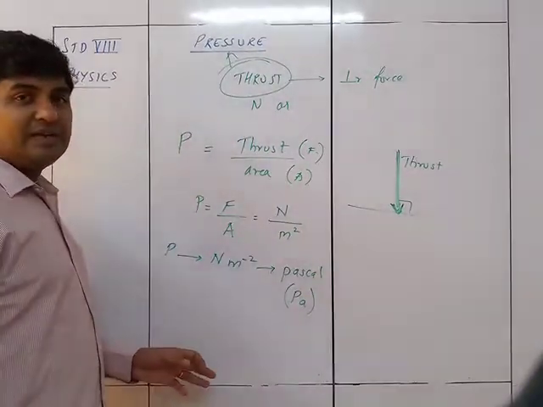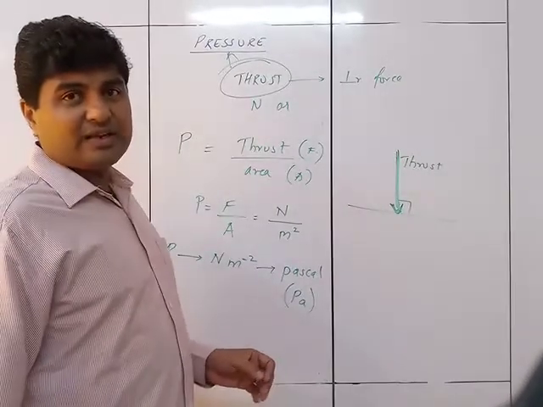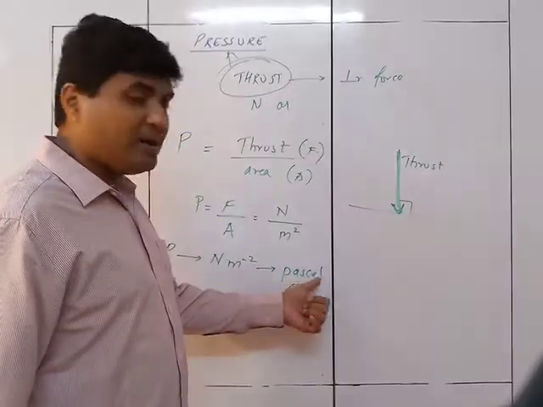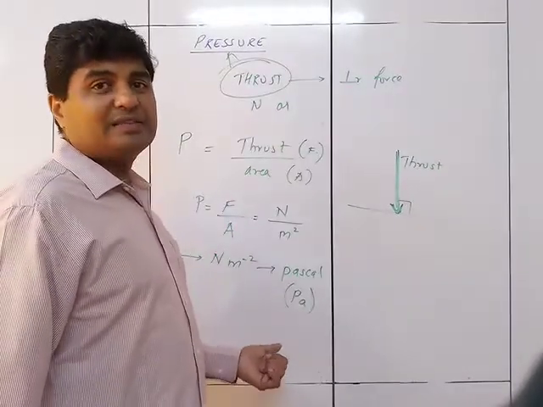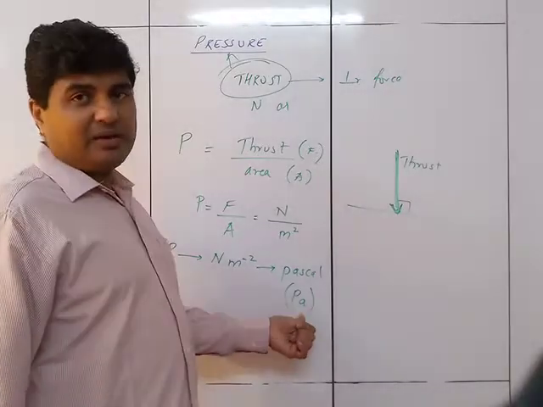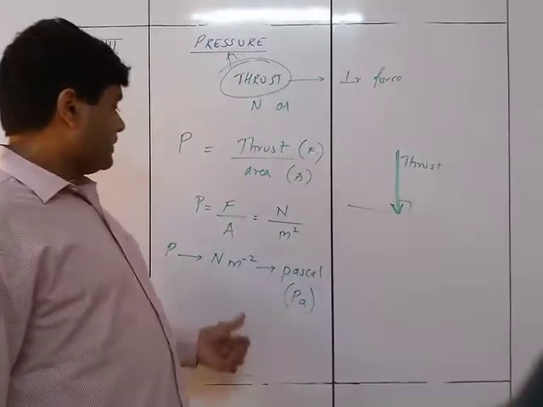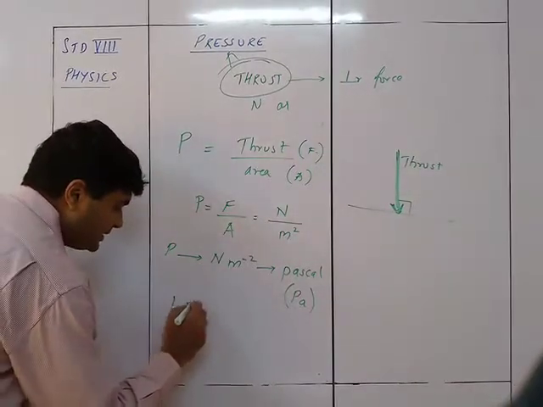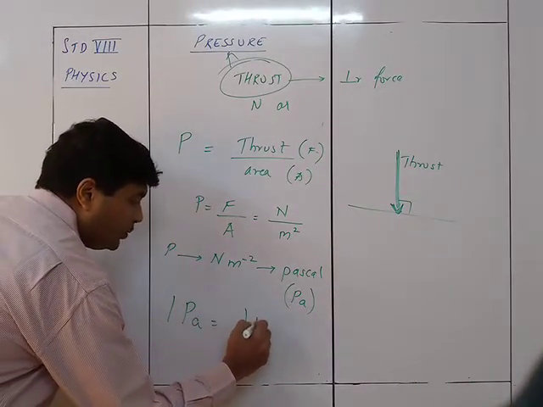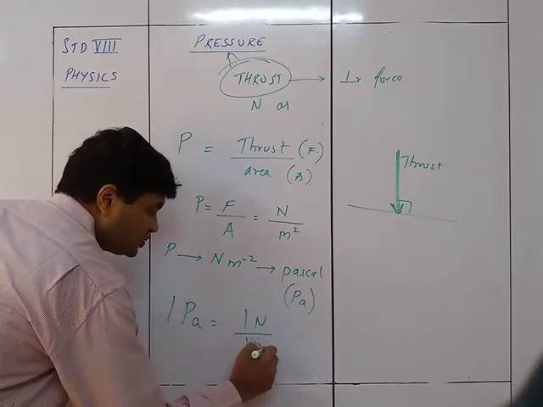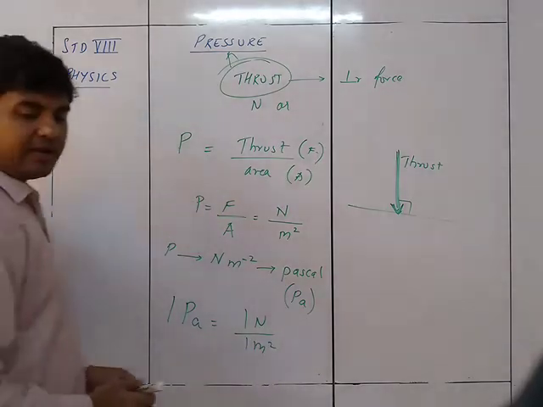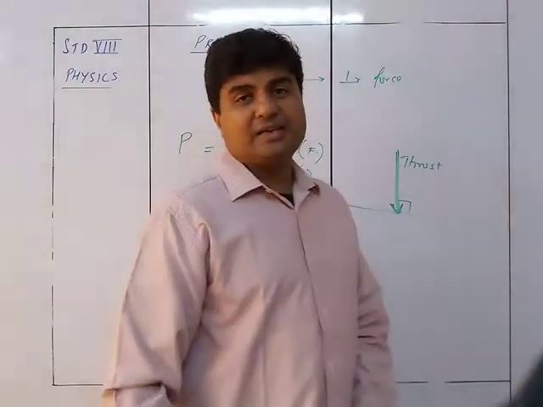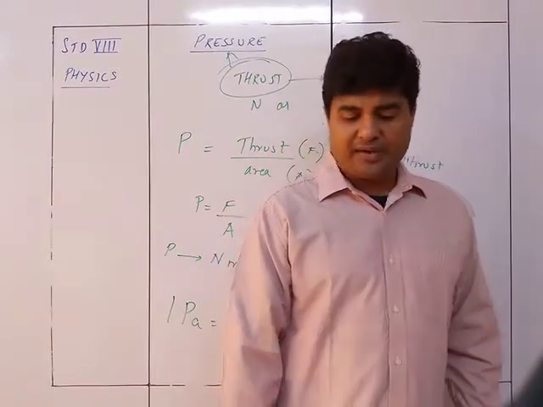And because Pascal is the name of the scientist, you will always write the full name with a capital P, but when you write the symbol it will be P capital and a small, that is Pa. So 1 Pascal is equal to 1 Newton per 1 meter square.